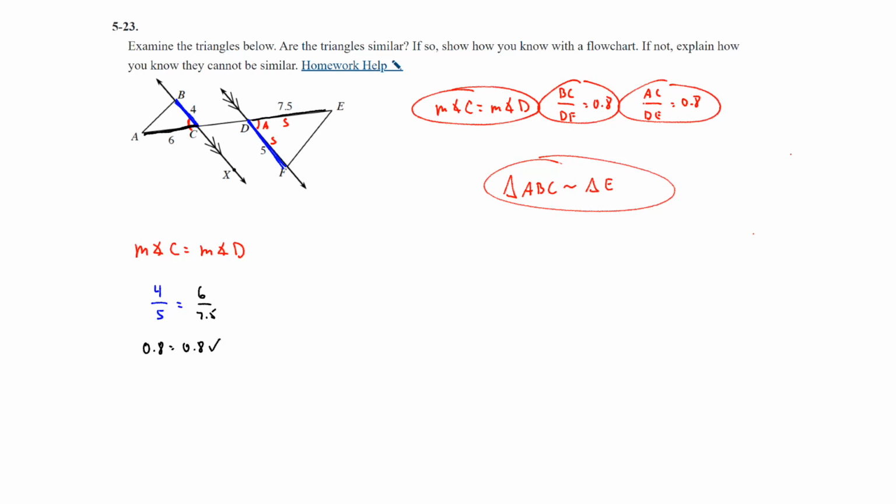That's actually EFD, because A goes with E, C goes with D, and B goes with F. There we go. And we know that by side angle side similarity. And don't forget to draw on the arrows that the three bubbles above go to prove that the triangles are similar. And also don't forget about the side angle side similarity that you need to write on the bottom of that last bubble.